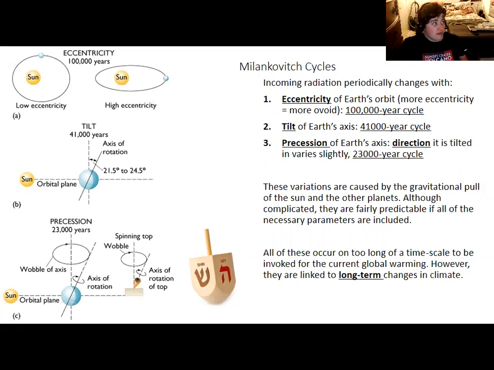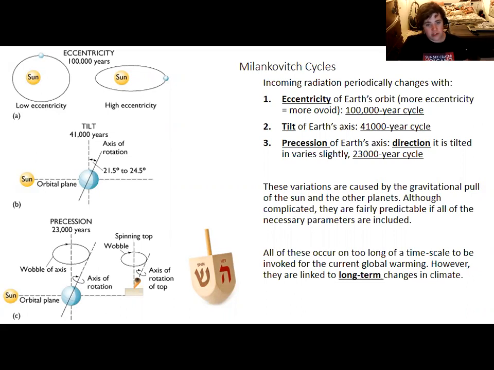This cycle has the potential to affect the duration and the intensity of the seasons because it affects how close the Earth is to the sun at different times of year. But it isn't going to occur on a fast enough scale that it could really explain why the temperatures are going up all of a sudden now, over something happening in the past couple hundred years.